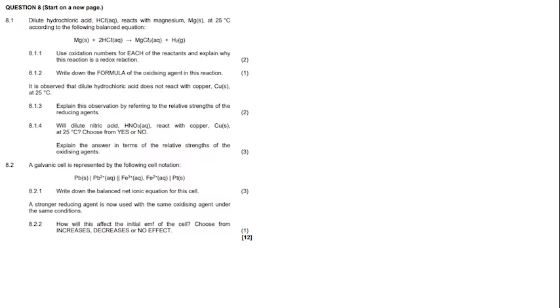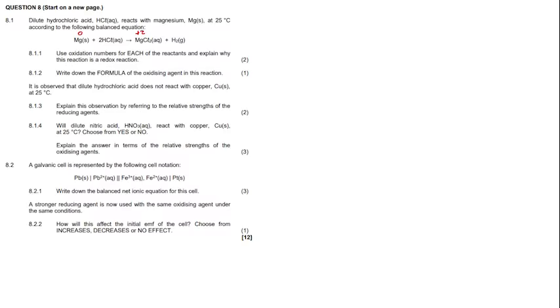So we can start with the oxidation number of Mg. Mg starts off as a solid, therefore it has an oxidation number of 0. And in the product it forms magnesium chloride, therefore it has an oxidation number of +2 in order to balance out the 2 chlorine atoms.